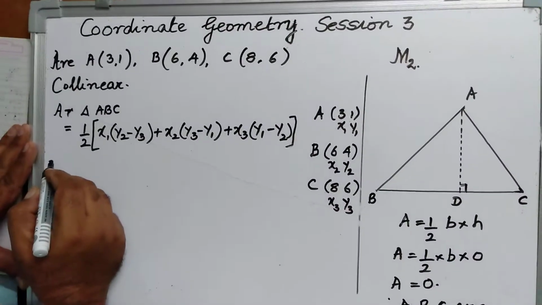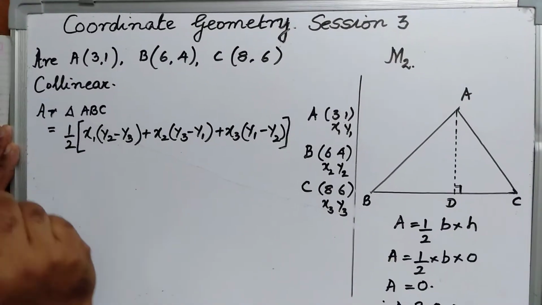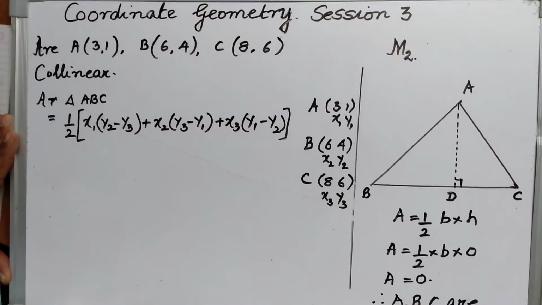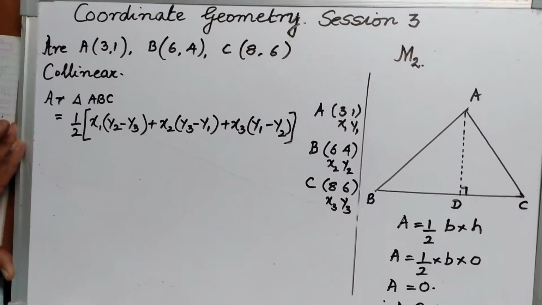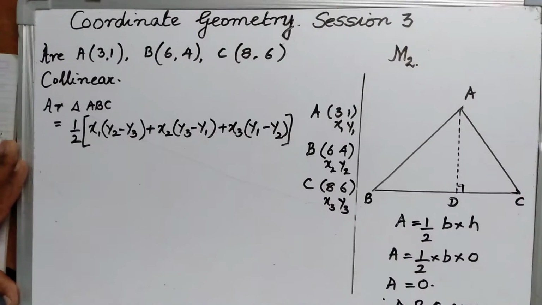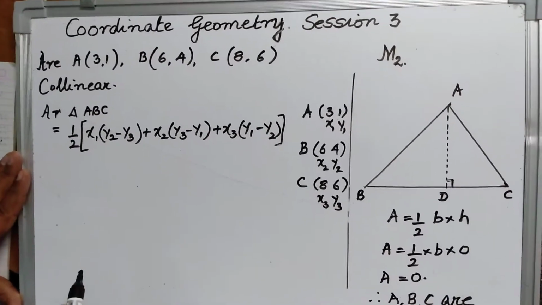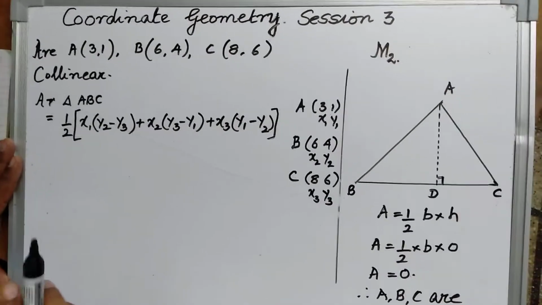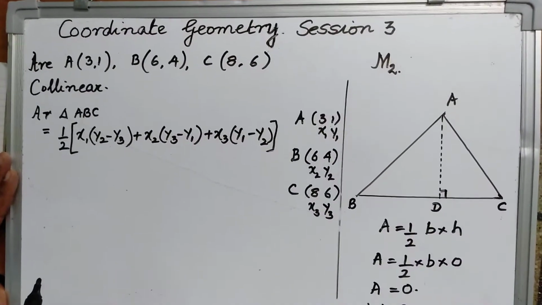Now when we find the area of the triangle, if the area of the triangle formed by the 3 vertices is equal to 0, then we conclude that the 3 points given are collinear.